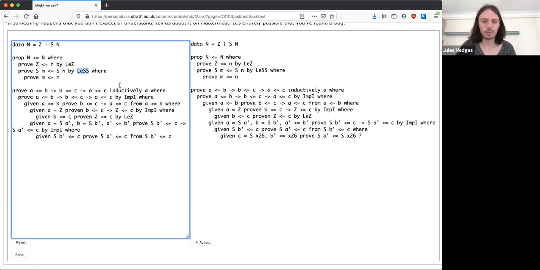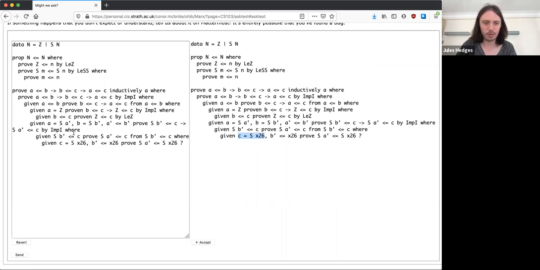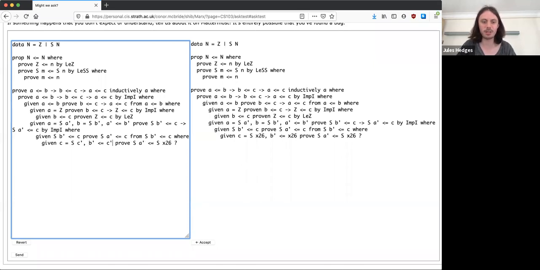So the one subgoal we have corresponds to that case, and it also only generates one new equation for us, the one for C, and the inequality that it gives us is that B prime is less than or equal to C. So it knows that it can reuse this successor of B prime here.